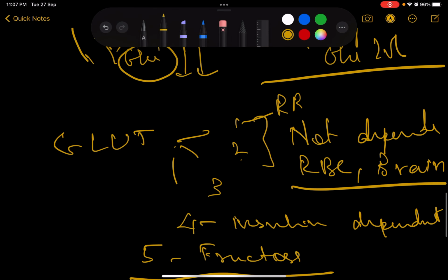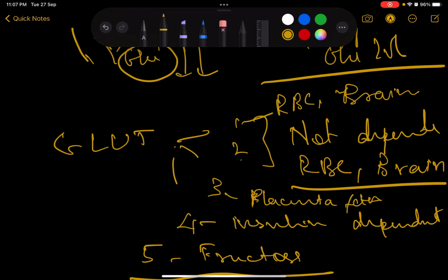GLUT1 is on RBCs, brain, cornea, placenta. 3 is also placenta and the fetus. All right. And GLUT2 is on the beta cells and liver. Beta cell and liver.